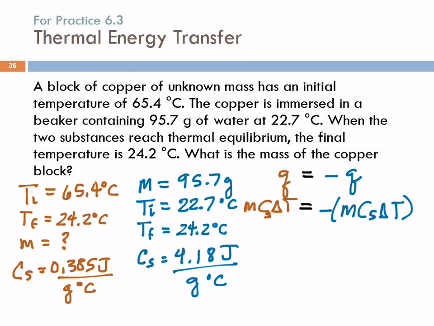What are we trying to find here? The mass of the copper. So instead of plugging numbers in, I think it's best to rearrange when it's still manageable with just these letters. So I need to divide by the specific heat capacity of the copper and the temperature change of the copper.